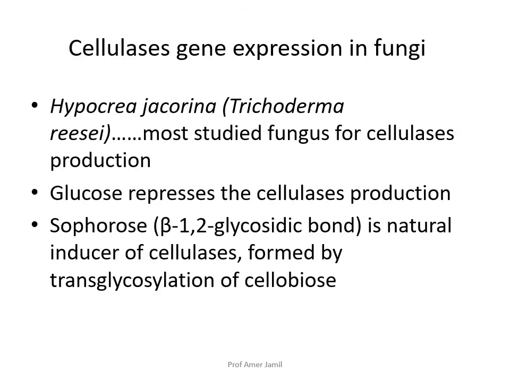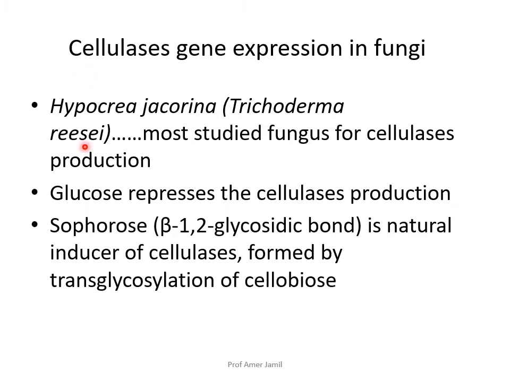Cellulases are the enzymes which hydrolyze cellulosic material, and they are found in fungi and in bacteria as well, but we will discuss their gene expression in case of fungi. There are three types of cellulases which are produced by at least three different types of genes. There may be more isomers of these.